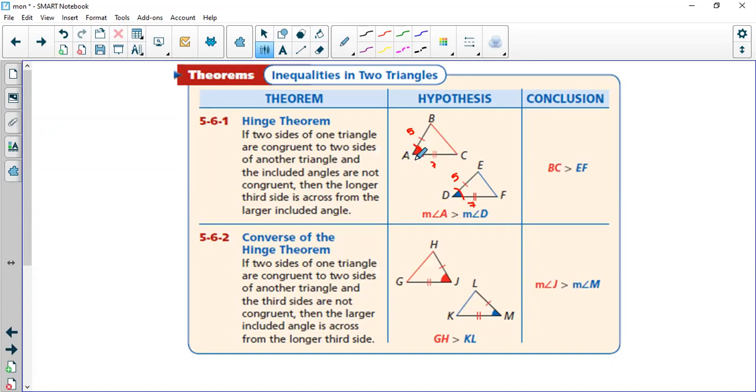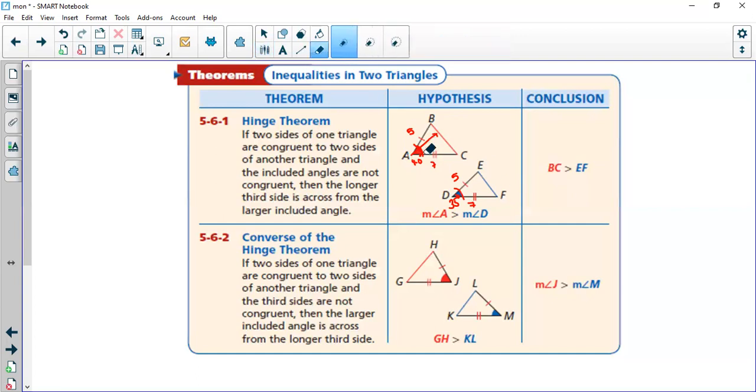Say now, for example, angle A is 40 degrees and angle D is 35 degrees. Now, all of us by now know that there is a corresponding side for the angle. So if we are talking about this angle, the corresponding side is going to be this. So here we have 40, here we have 35, which means BC is greater than EF.